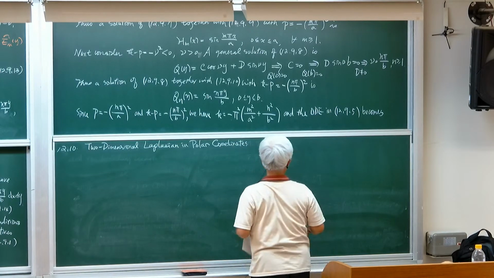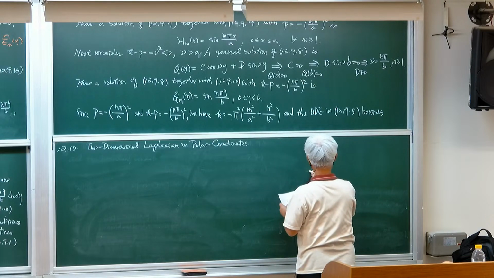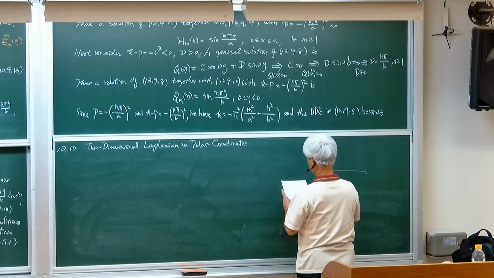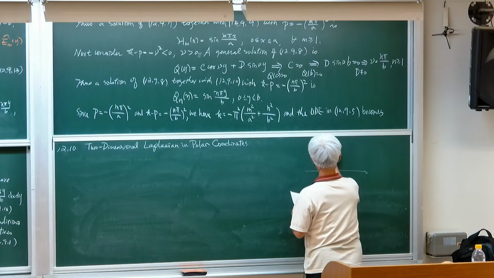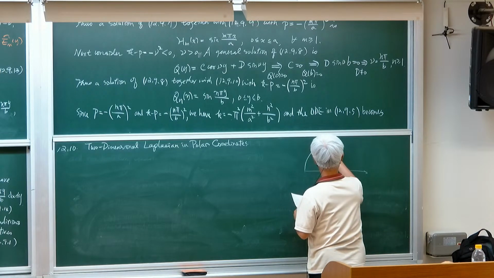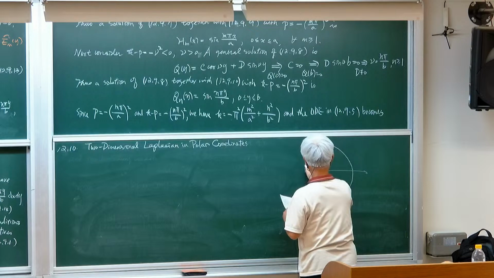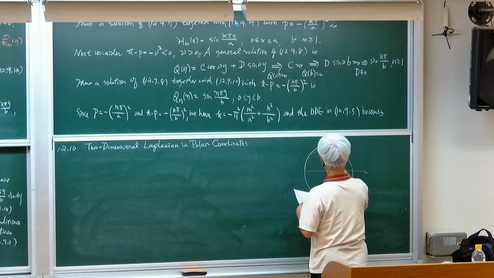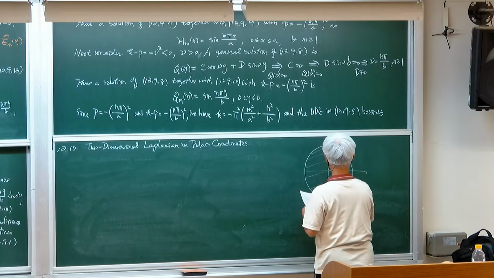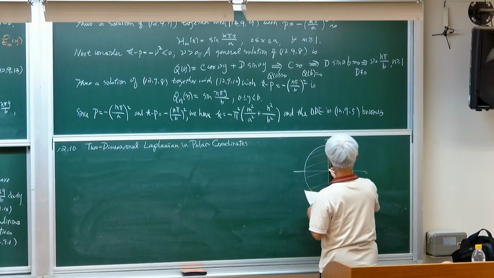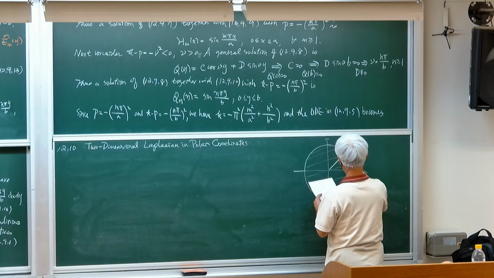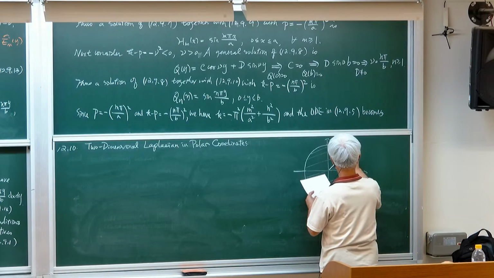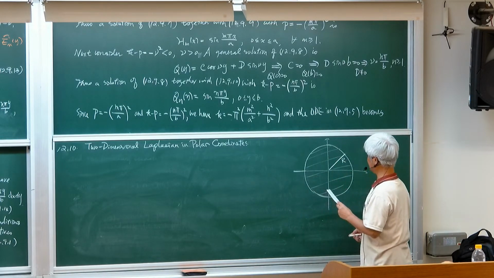Now the membrane is circular. So let's say it is this, and the radius is, say, r. This time r is the radius.